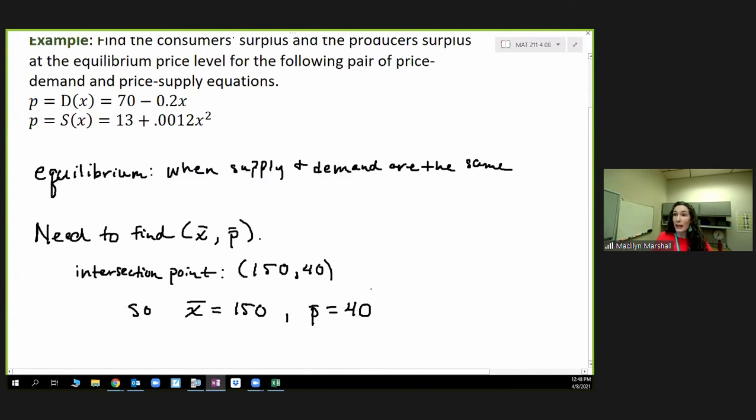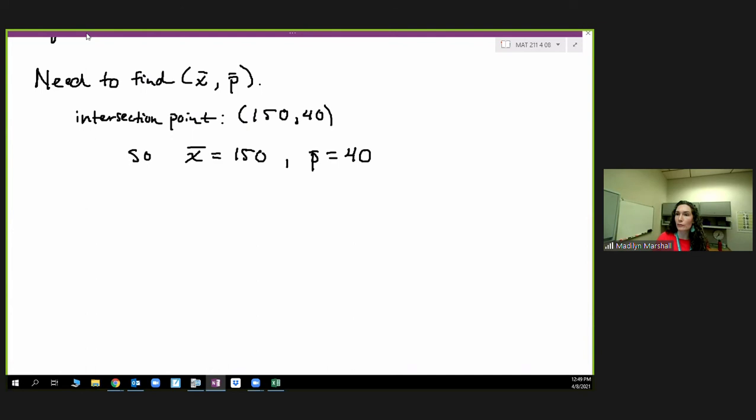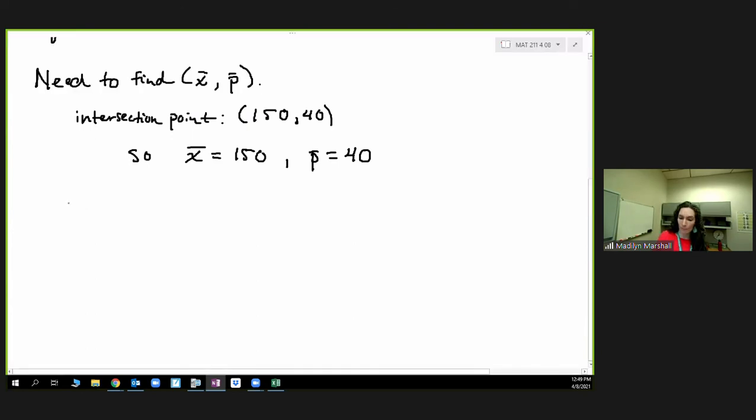So the question is asking for the consumer surplus and producer surplus, so we can go right into finding each of those. I'm gonna do today's in-class activity a little differently than normal.